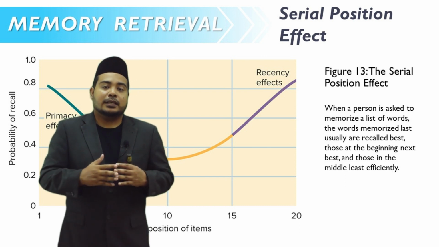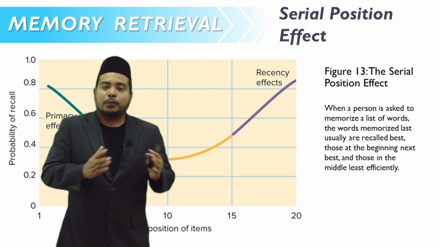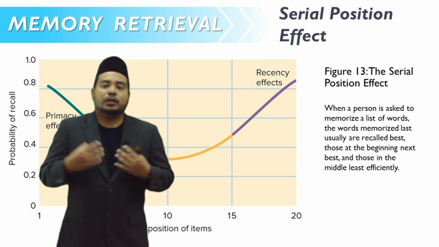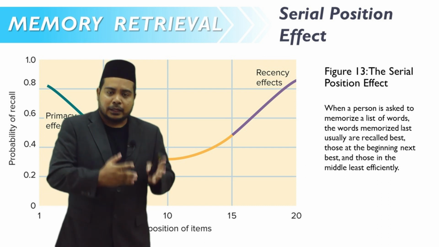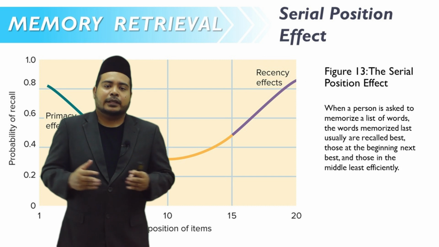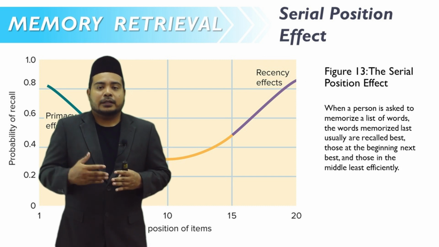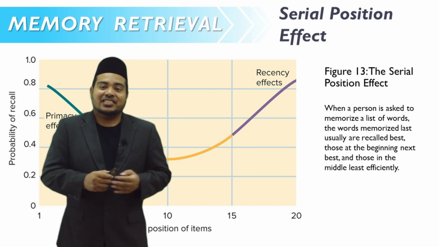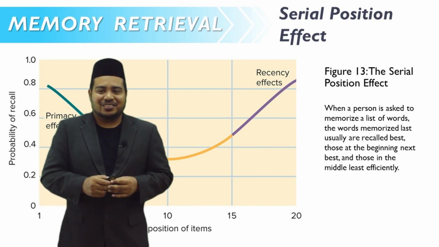Okay, so this is the recency effect. So serial position effect talks about how human beings tend to recall the beginning items and the end items better, but the middle items we tend to have difficulties recalling. So this is serial position effect.